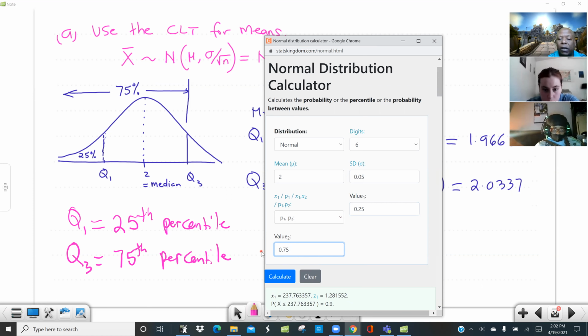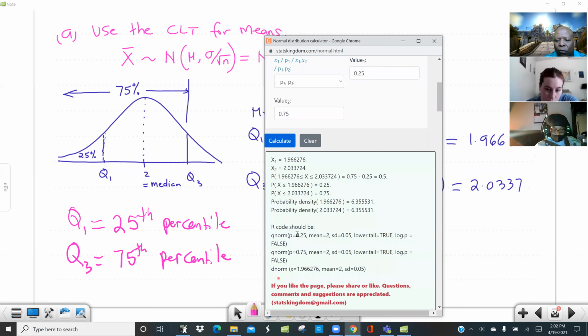The machine is going to give you the two values, one of which leaves 25% in the left, the other one will leave 75% also in the left. And here they are. So the first quartile is 1.9663. The third quartile is 2.0337, which are right over there.